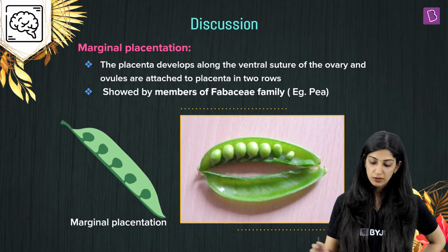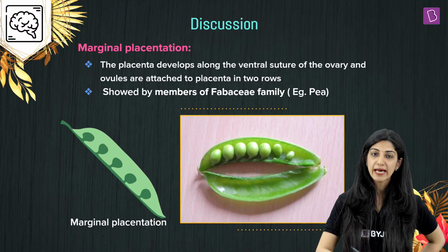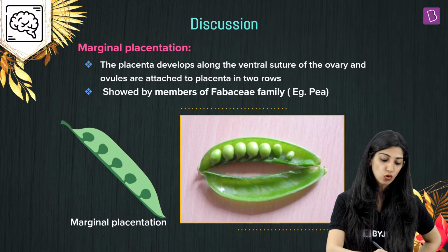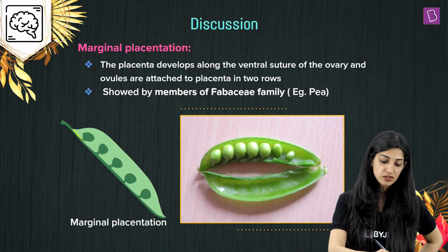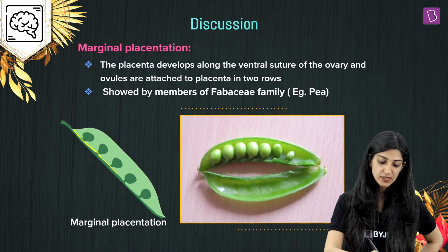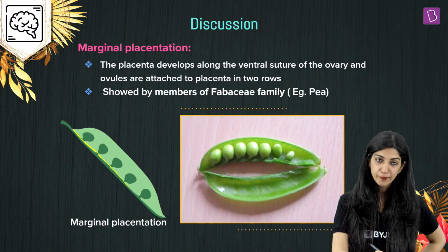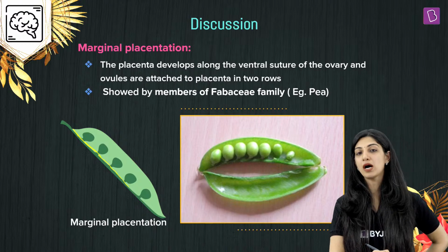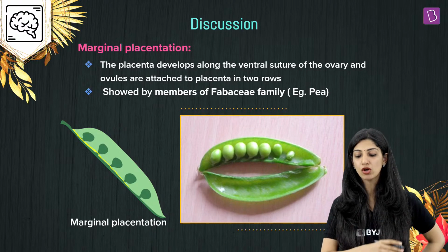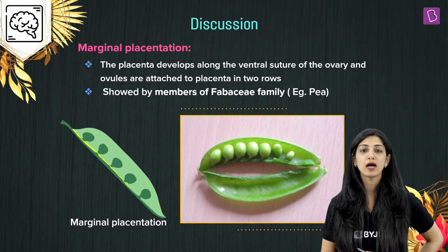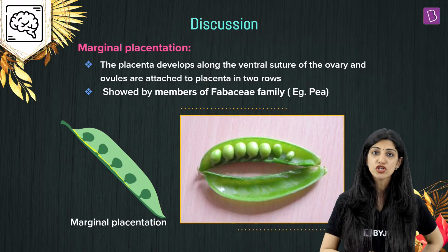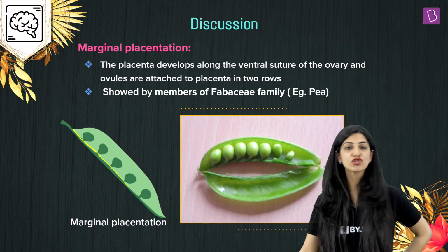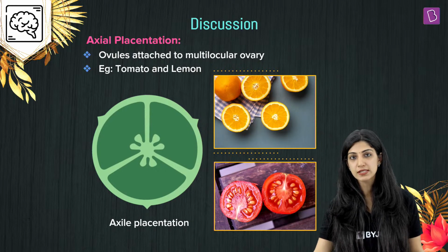So this is the ovary, characteristic of pea plant. The ovules, here is the placental tissue, the cushiony tissue. You see that? And ovules are present at one margin of this unilocular ovary. And what is unilocular? There is a single chamber. The ovules are present in a single chamber.